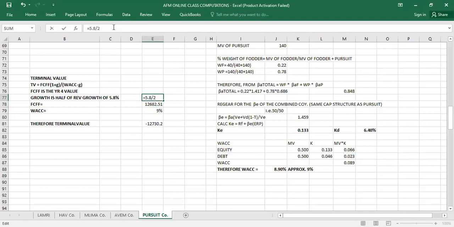So I can just do that divided by 100. Don't worry, I'll use the other one. Okay, so instead I can do this. Control X.